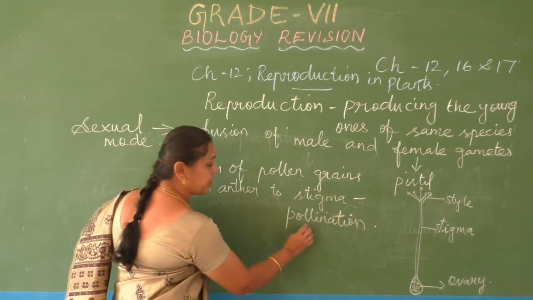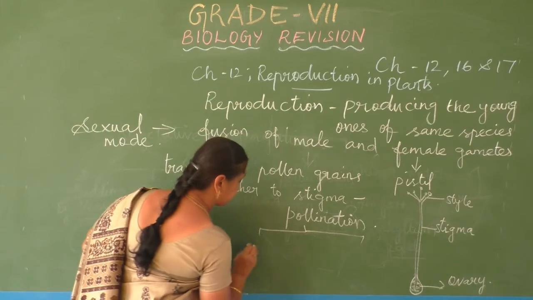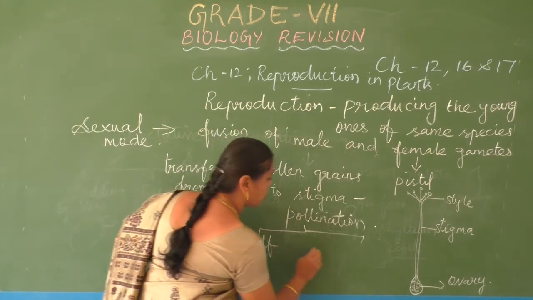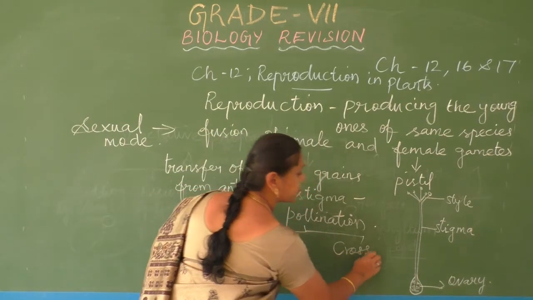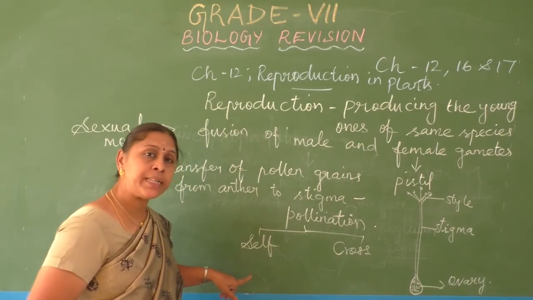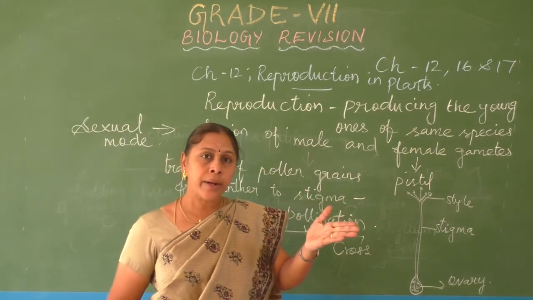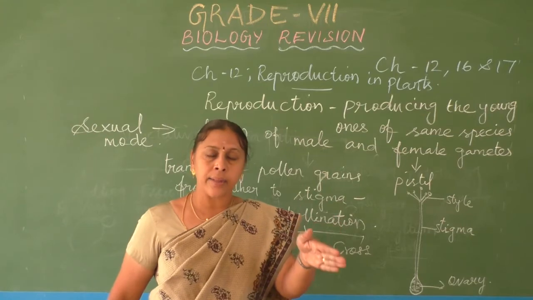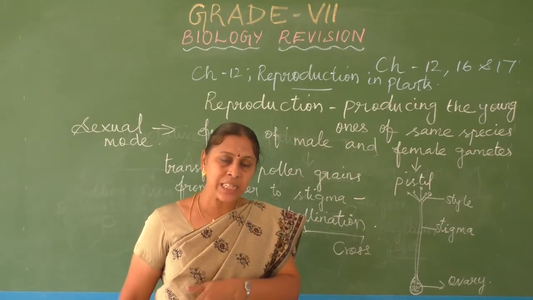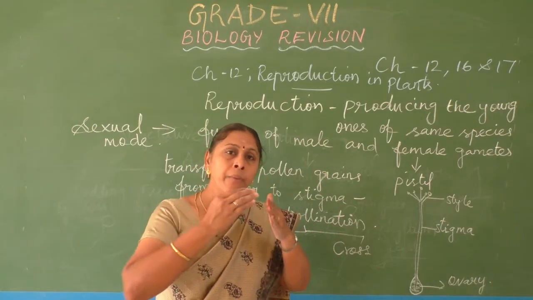And this pollination is of 2 types, that is self-pollination and cross-pollination. Self-pollination means transfer of pollen grains from anther to stigma of the same flower.